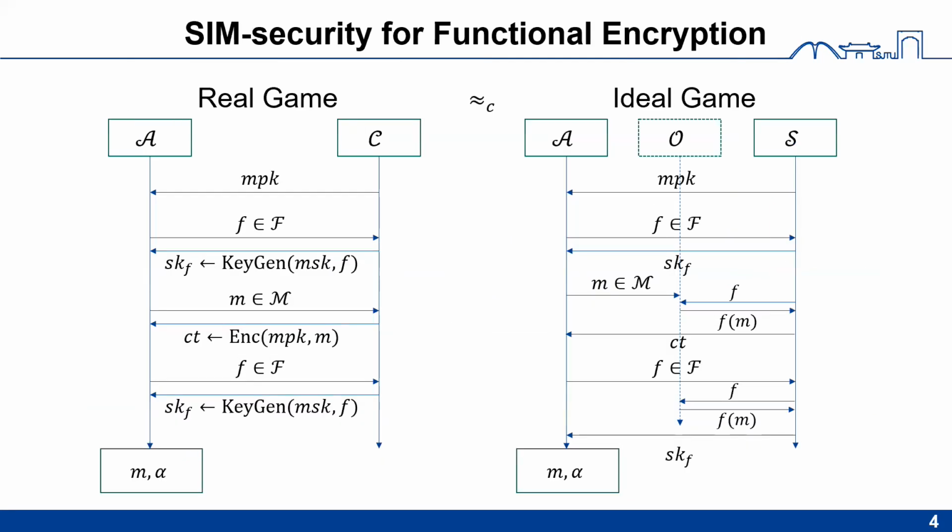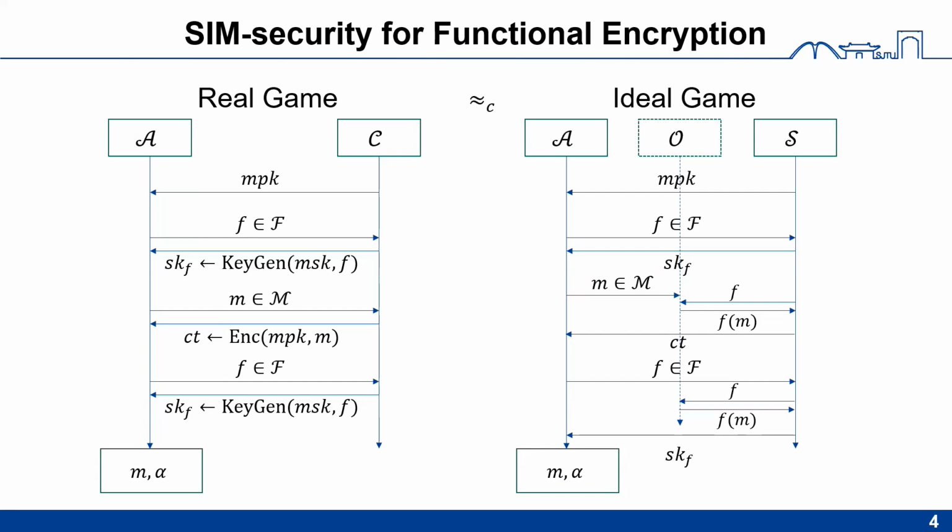The simulation-based security definition for FE was first formalized in BSW 11. The real game is defined similarly to the IND game, but the adversary submits only one message m and outputs alpha, which can be any help information for distinguishing between the real game and the ideal game.